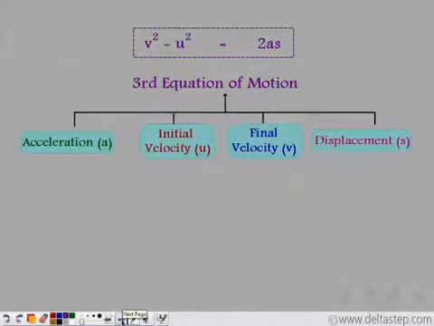So the third equation of motion is a relation between acceleration, initial velocity, final velocity, and displacement. Given any three of these terms, we can use the third equation of motion to find the fourth one.